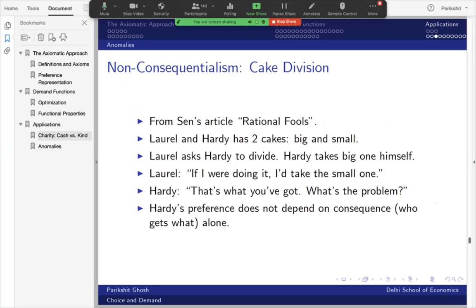The limitation is consequentialism, which is what I tried to illustrate through this anecdote. We are not making a strong assumption that human beings are selfish, but we are making a strong assumption that they're consequentialist, that they only care about outcomes and nothing else, not the process through which it came about.